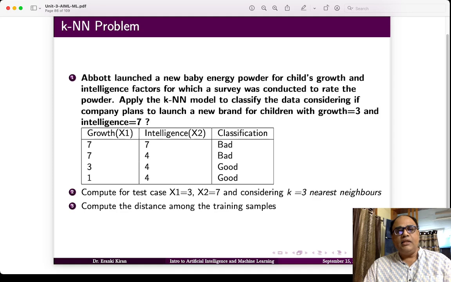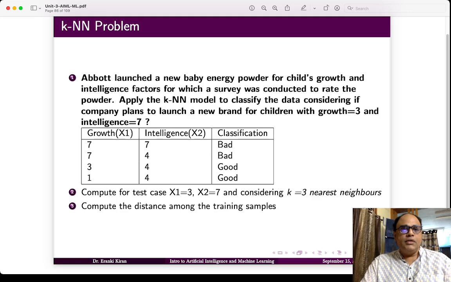Let's say the new product has a growth factor of 3 and intelligence of 7. Will the classification stand out to be good or bad? We compute for test case x1 equal to 3 and x2 equal to 7, considering that 3 nearest neighbors are considered. Compute the distance among the training samples.